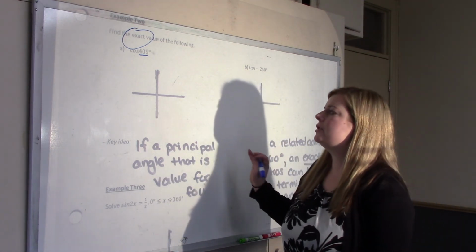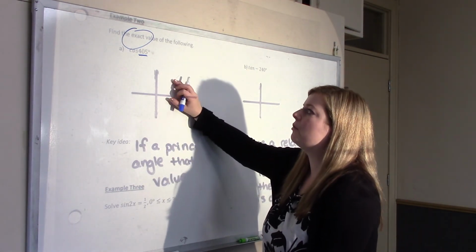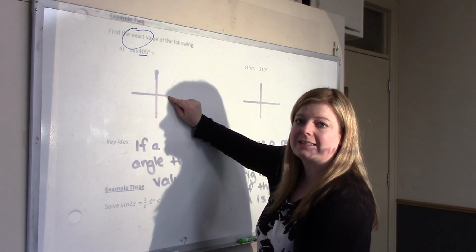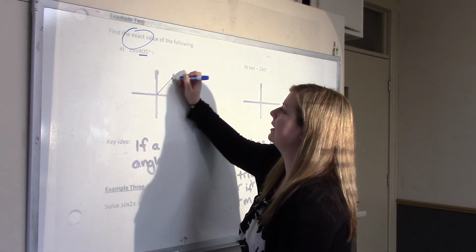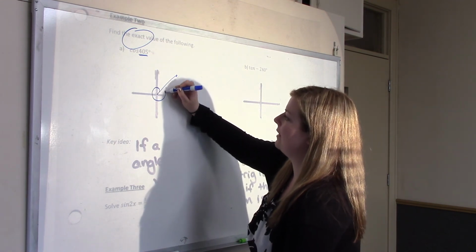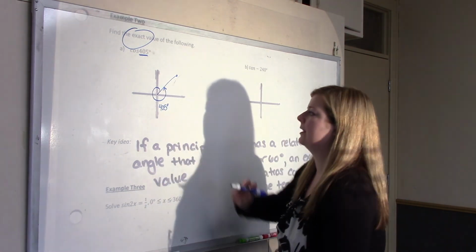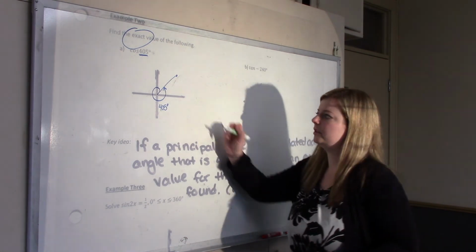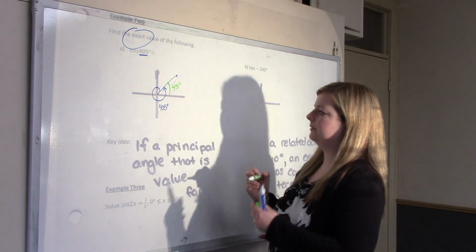So the first thing you want to do is place this terminal arm in the proper quadrant. So 405 degrees, that's one whole revolution around to 360, and then another 45 left. So in fact, it terminates here. And then you want to label the related acute angle, which is 45 degrees.